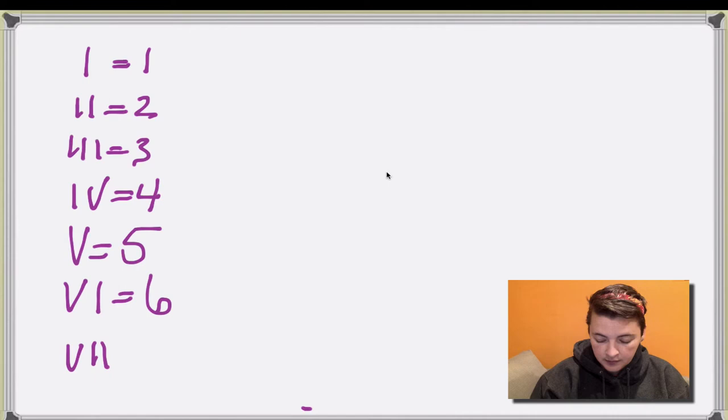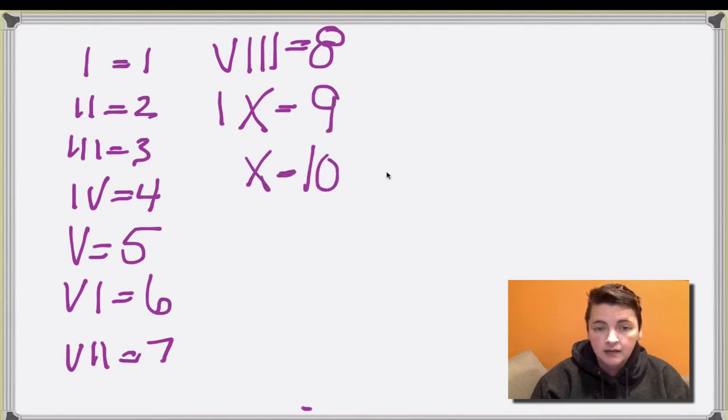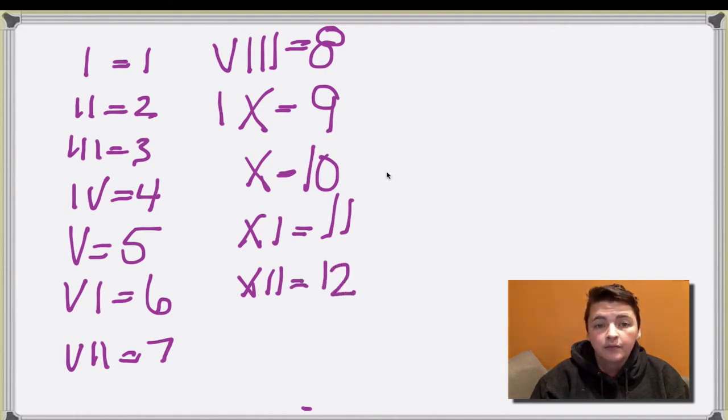VII, 5 plus 2 is 7. VIII, so 5 plus 3 is 8. And then we need to do IX, which is 10 minus 1, would be 9. X is 10. XI is 11. XII is 12. So you'll need to remember those as well.